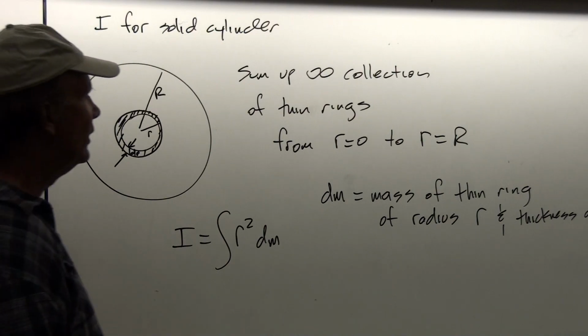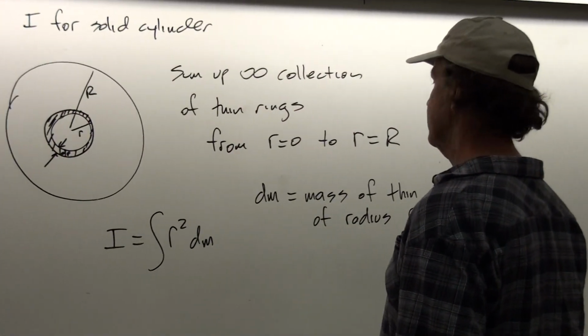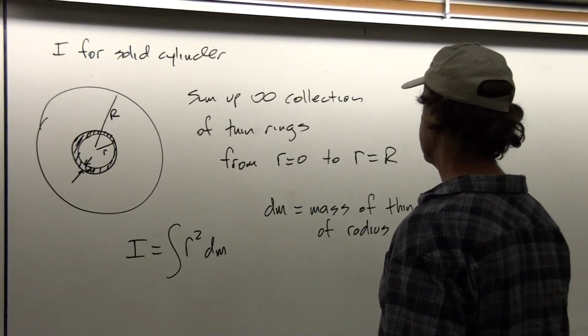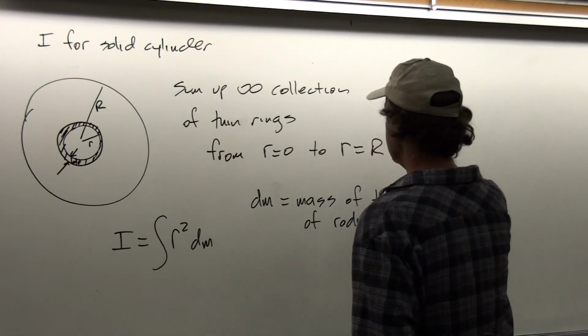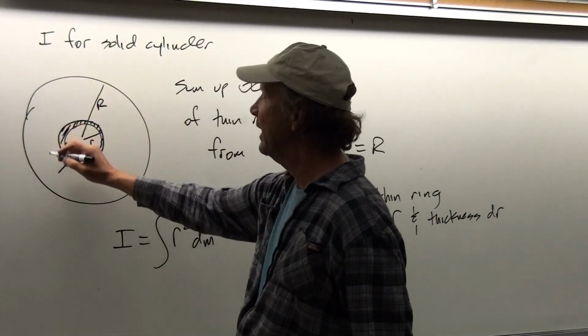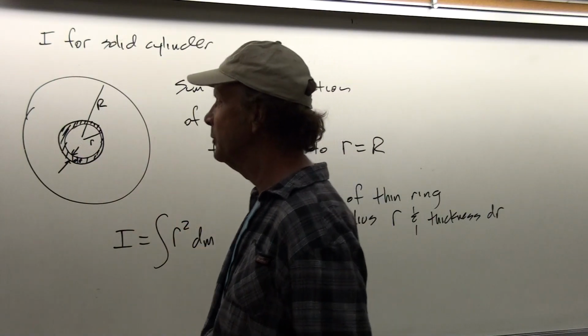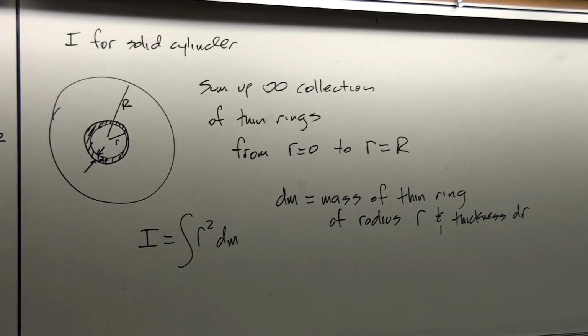Okay, and so the question then is, well, how do we sum up all these little bits of mass? Well, we can say here that, and here we're going to need to, because this mass encompasses an area rather than encompassing just a length. It's not one-dimensional anymore. It's two-dimensional.